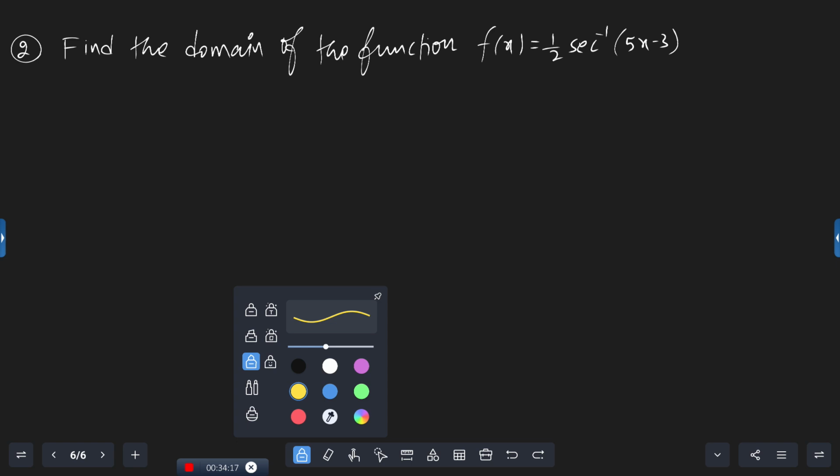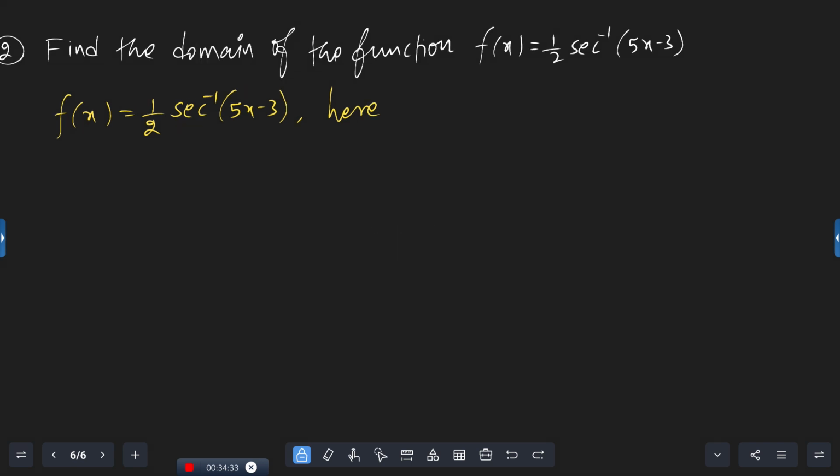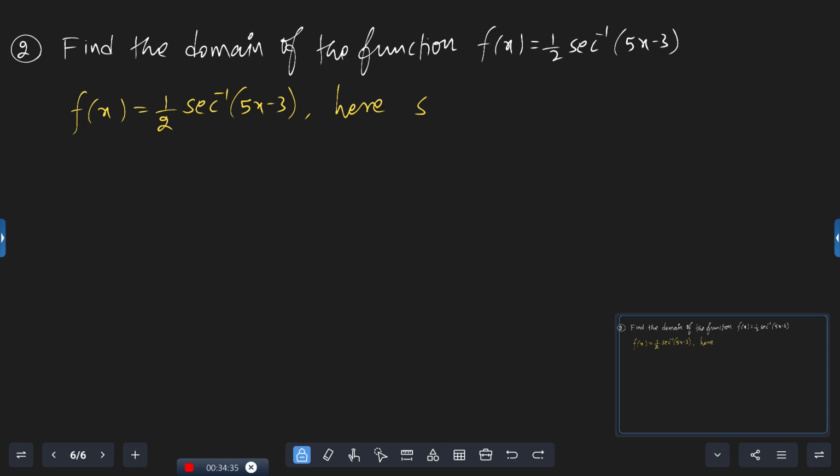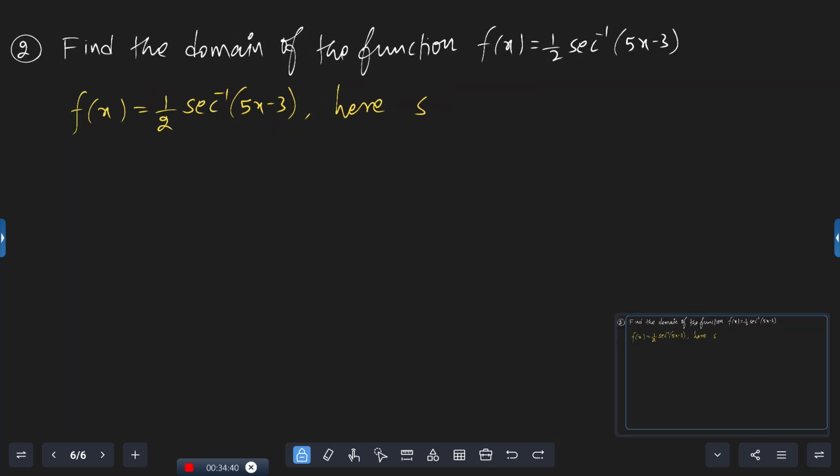First, the secant inverse domain you must know. Children, do you have an idea? What is the domain of secant inverse x?